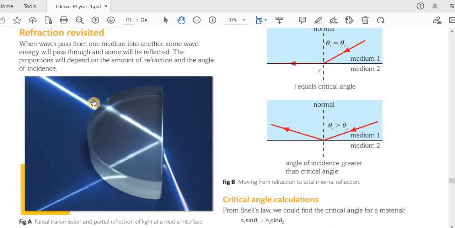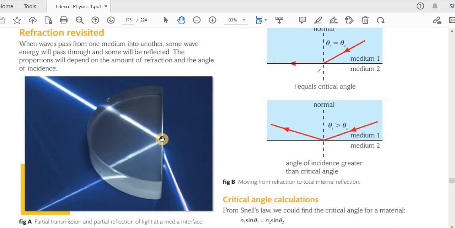Now what happens here is that it strikes the middle of this semicircular block. So this, in other words, is along the radius of the semicircular glass block. Remember, what is the radius? The radius joins the center to the circumference. Therefore this incident ray is going from the surface to the center. So it strikes the center of the semicircular glass block.